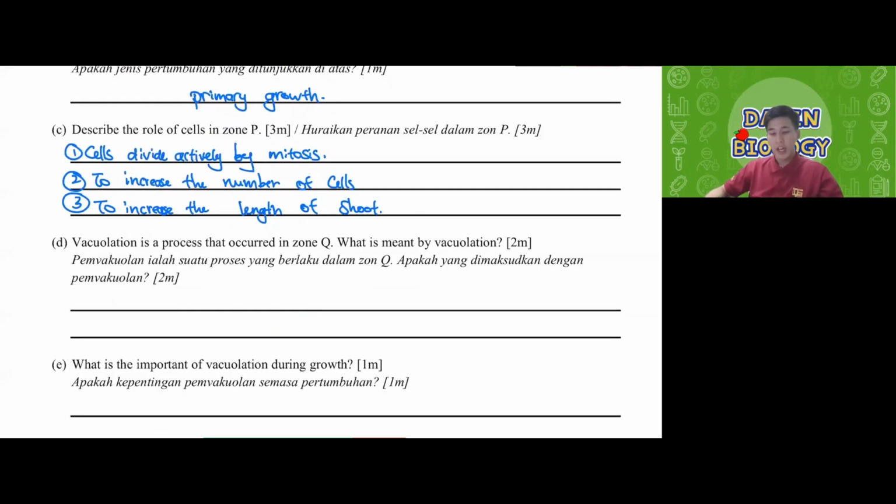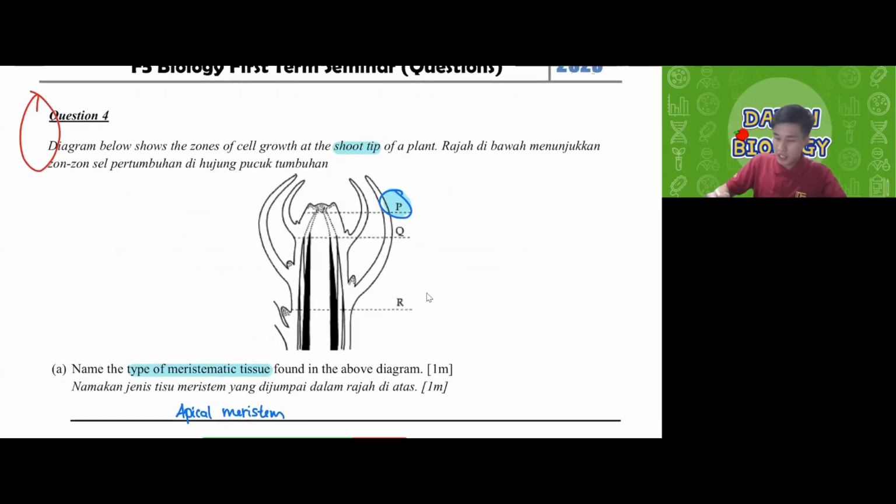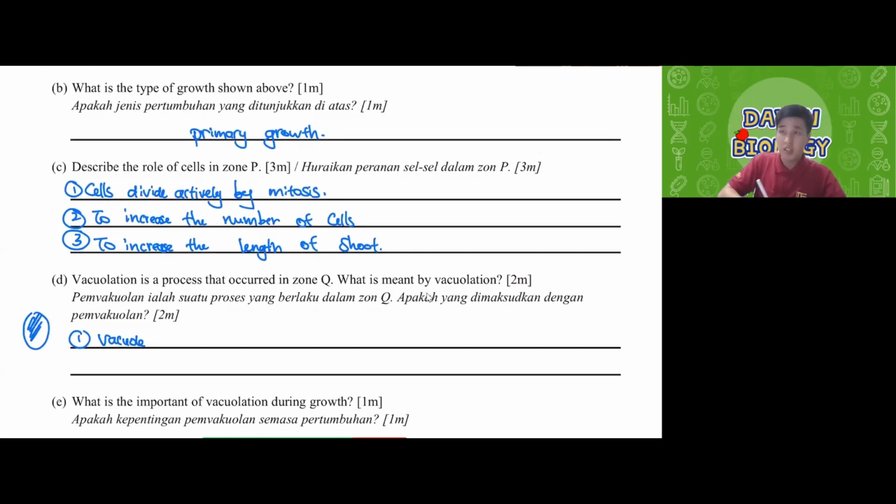Z. Vacuolation is a process that occurs in zone Q. What is meant by vacuolation? We've just written it in front, exactly the same thing. So vacuolation is what? The vacuoles merge to become big. But before they merge to become big, what does the vacuole do first? Like we mentioned, the vacuole mainly stores water.